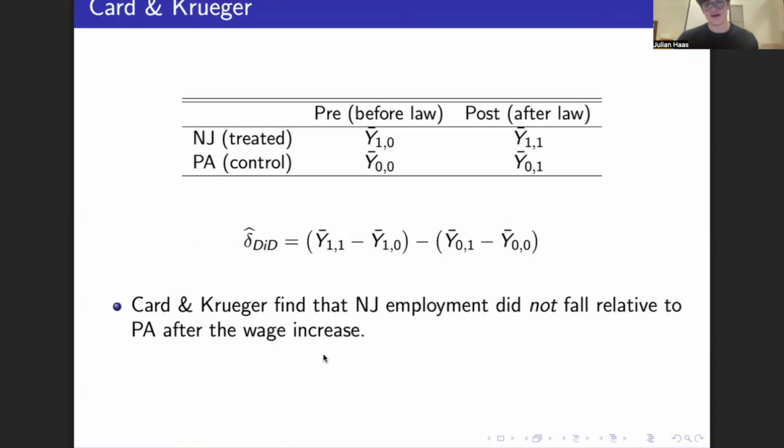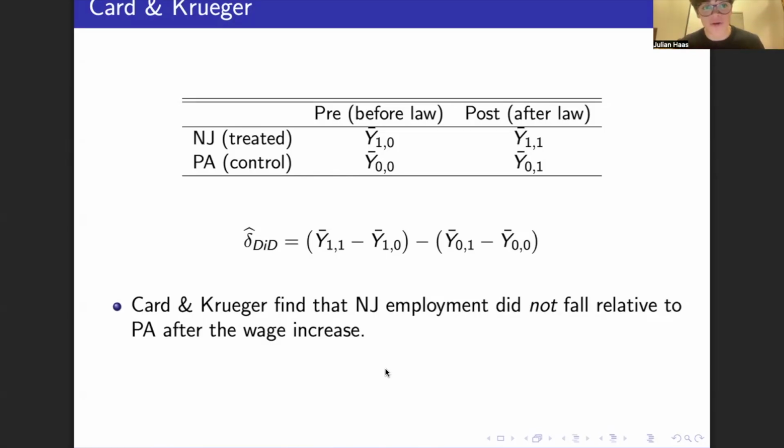And this was the start of a literature that is still ongoing, trying to better understand the effects of the minimum wage on different outcomes, and why it affects employment in some cases and not in others. It really all started here with the diff-in-diff.